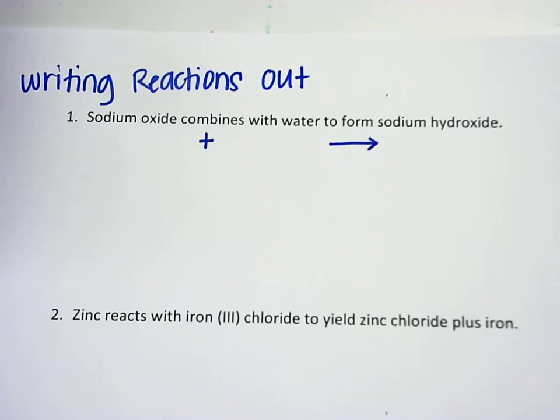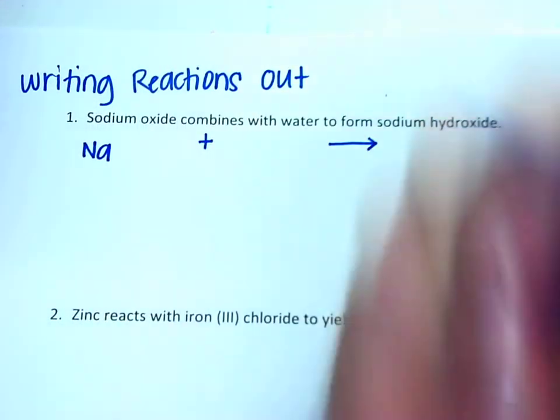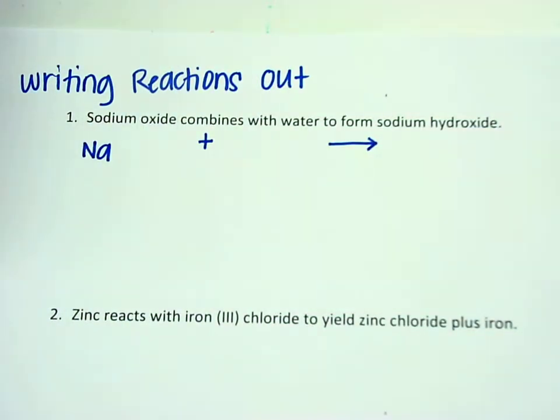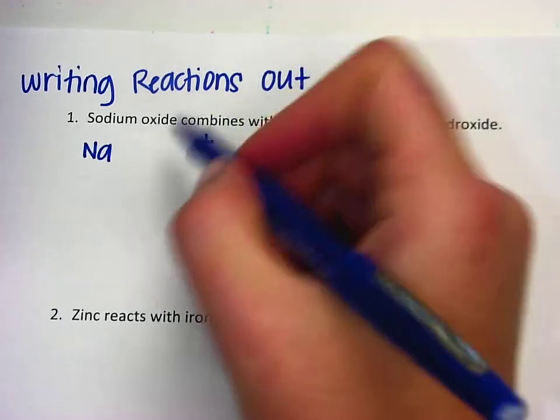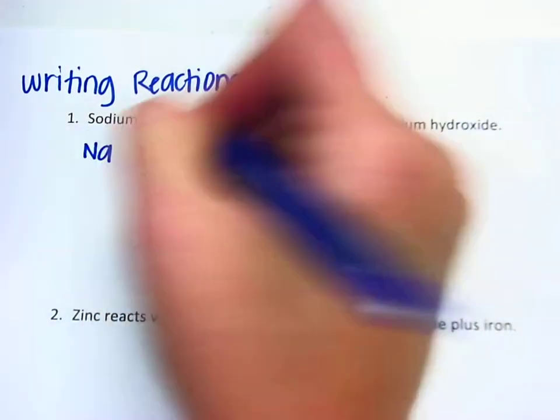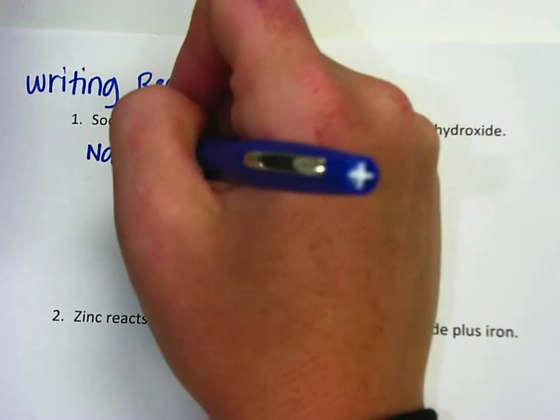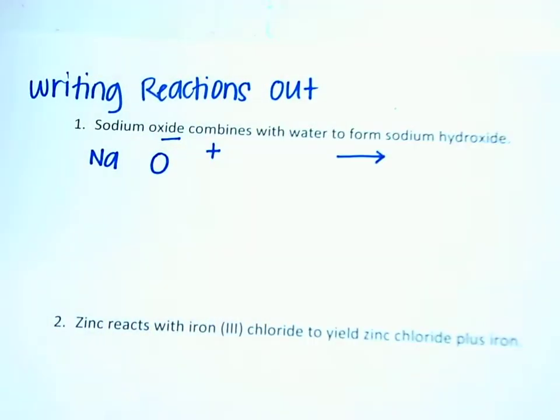So first thing I need to know is what sodium is. Sodium is Na. And then I have oxide, sorry. Sodium oxide. Remember, for ionic compounds, we change the ending to "ide." So, I have oxygen and sodium bonded together.